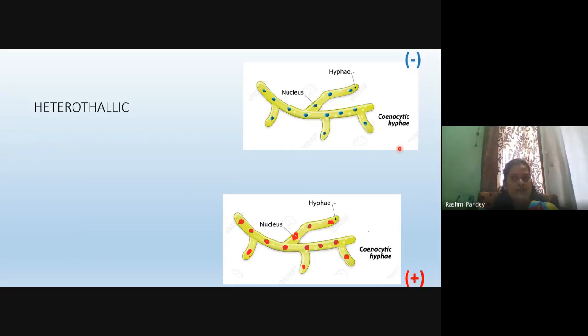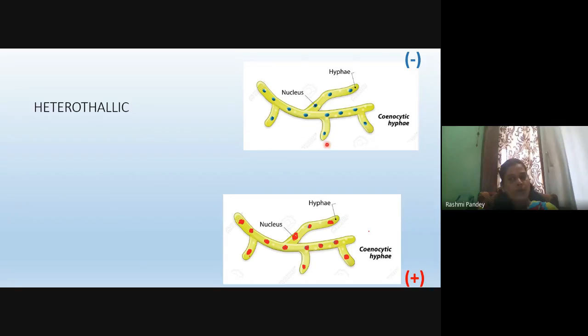Such thalli can mate or produce a zygote only when two different compatible strains come together. Only these two can go for sexual reproduction, and they can produce a new zygote, which will give rise to a new fungal organism. The same kind of strain cannot go for syngamy or meiosis, and hence will not reproduce sexually.